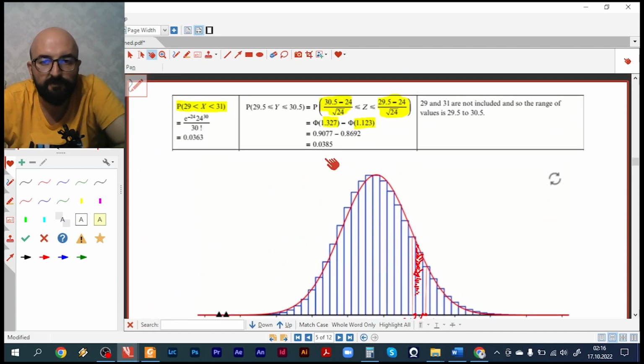And if you look at the solution table, the same value, 0.0385.